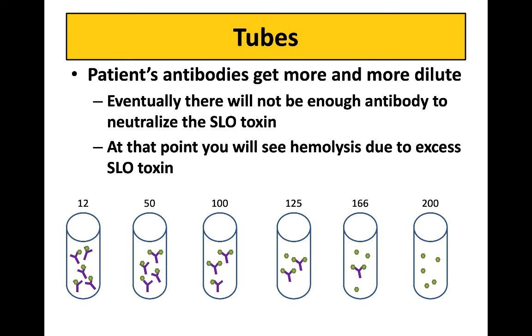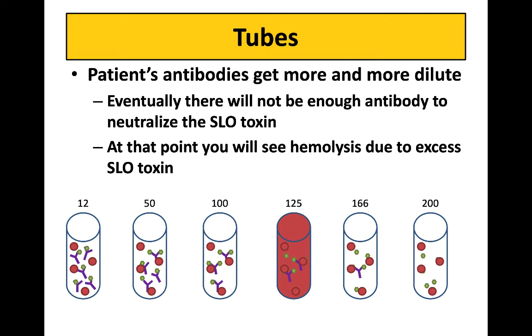So if you had to predict which of these tubes would show hemolysis, maybe think about it before I give you the answer. Where do we see that free SLO capable of destroying red cells? If you add your red cells to all of these tubes, you would expect to see hemolysis in tube 125, and that's because that is the first tube that has free SLO in it, because the antibodies have been diluted out enough to not have enough to neutralize the SLO.